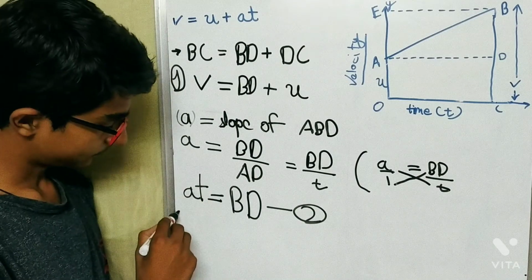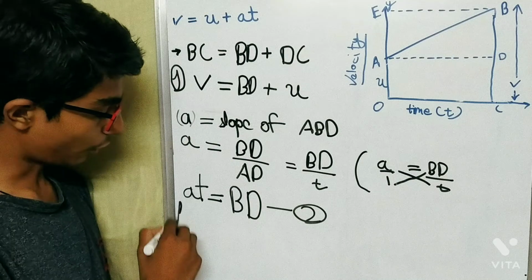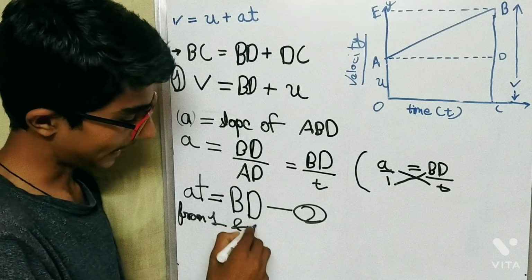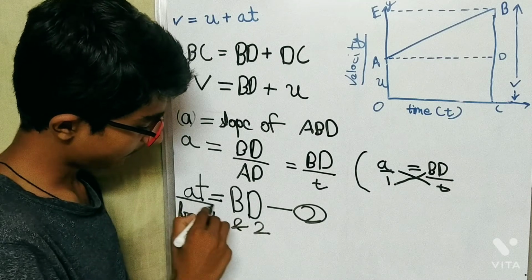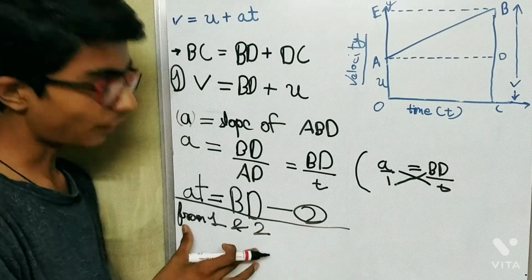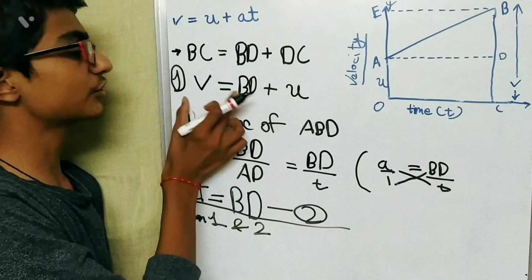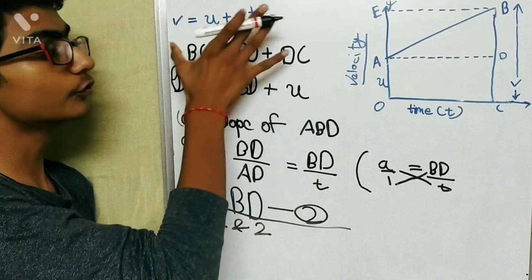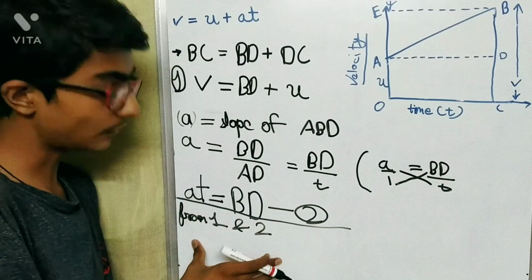Now we will write from 1 and 2, meaning from equation 1 and equation 2. You have to write these steps just as they are.